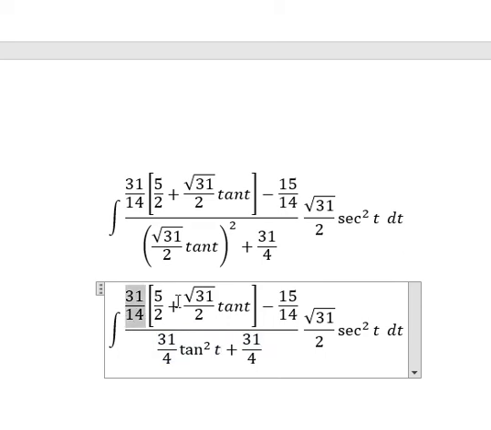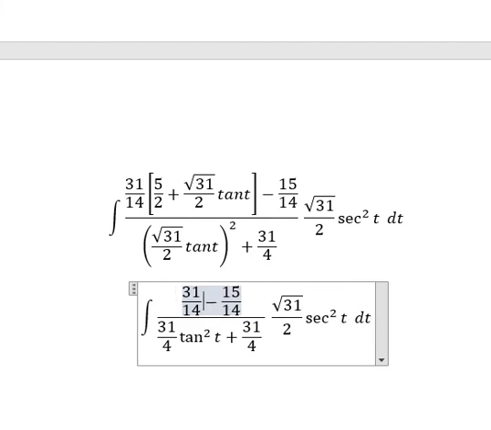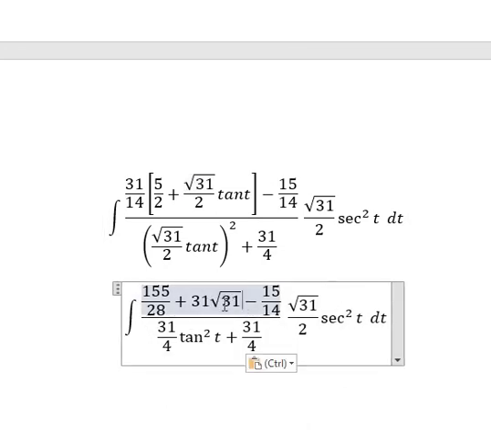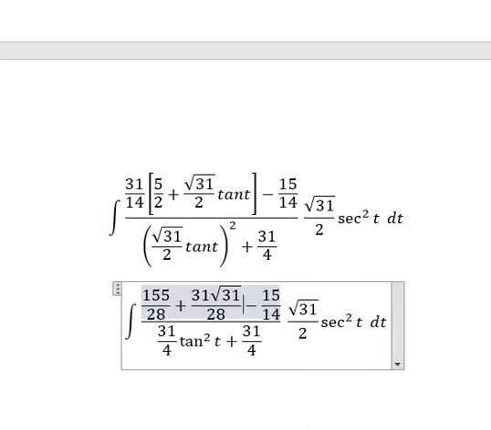This one multiplied by this one, so we have 155 over 28. And the second one is the square root 31 over 28 tan t.